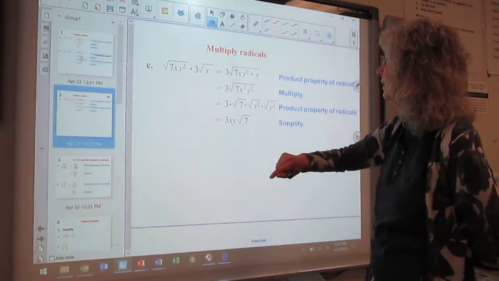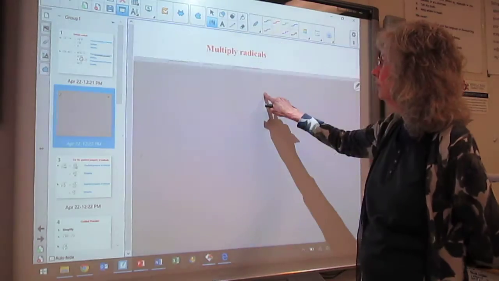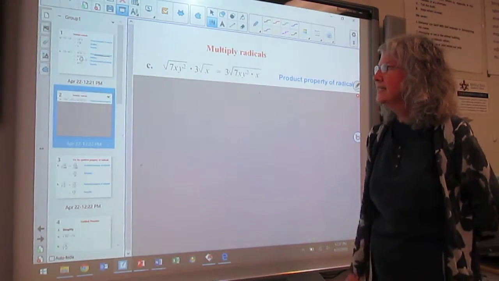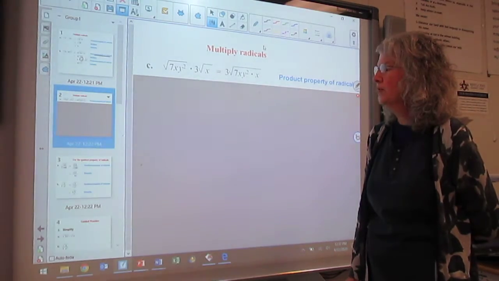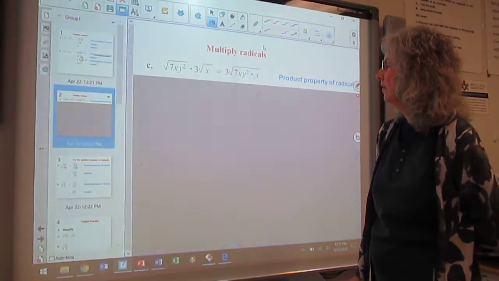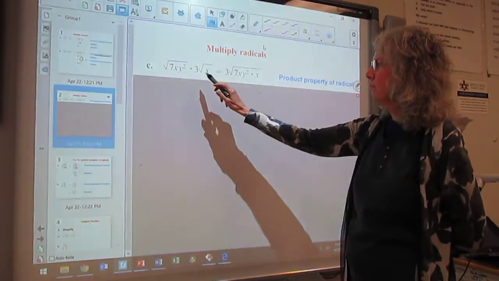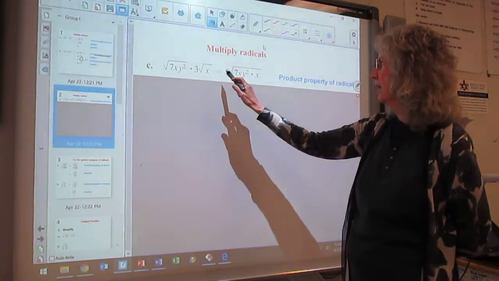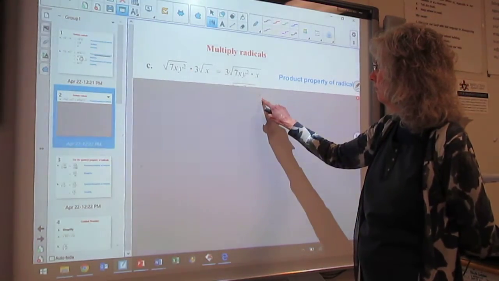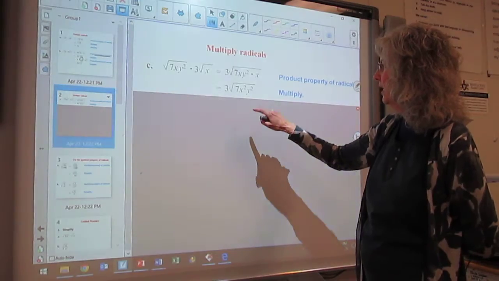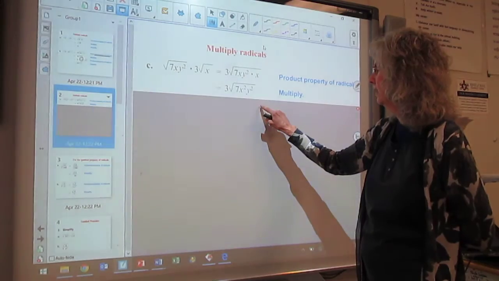Let's try another one. The square root of 7xy squared times 3 the square root of x. Well, again, the 3 is outside. We're going to leave that outside. We're going to combine what's under both radicals and put them under one radical. And we're going to get 7x squared y squared underneath that radical sign.